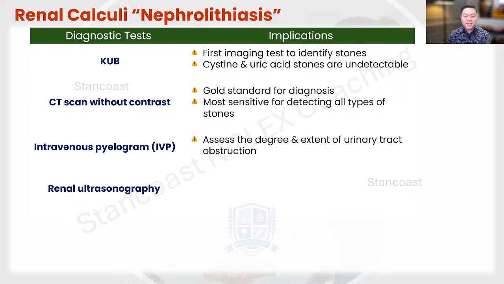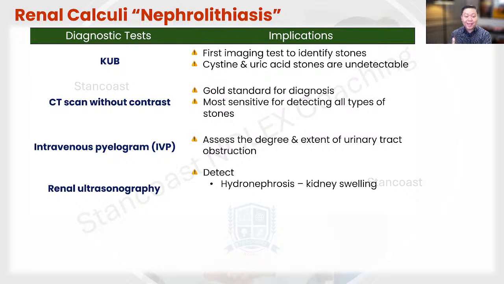Now, next on our list here is the renal ultrasound or the abdominal ultrasound, which is really going to help with detecting any kind of swelling in the kidney. We call it hydronephrosis. So there is some kind of fluid collection in the kidney parenchyma, in the calyces, inside the kidney, basically.